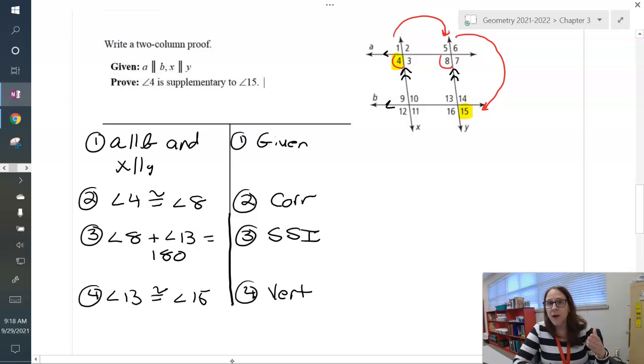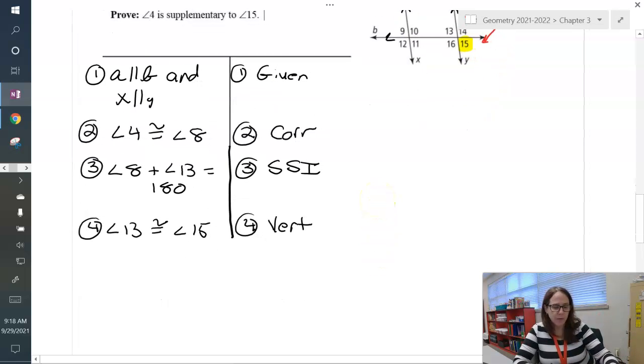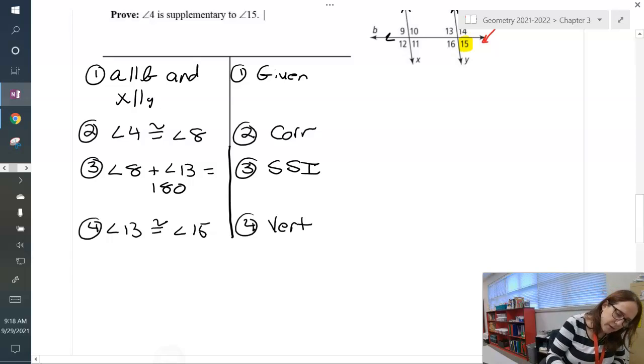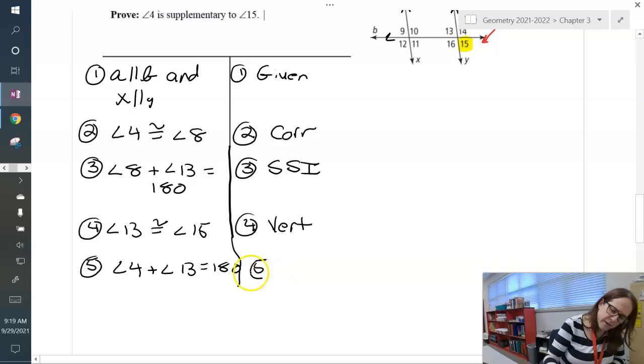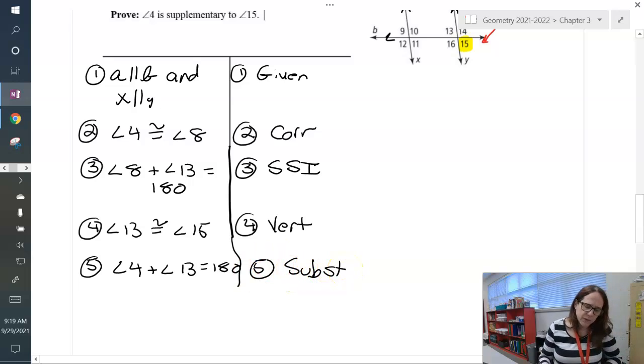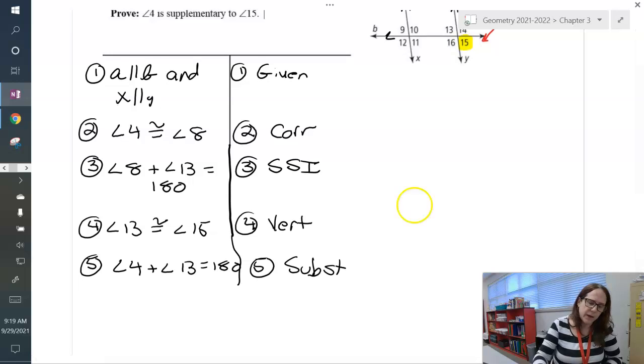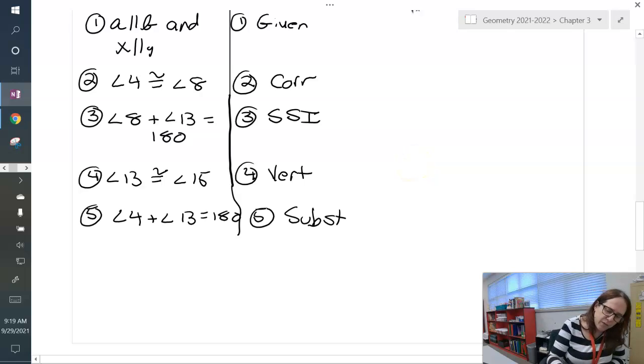And what I want to do now is I'm just going to start substituting like I was going to do a moment ago. I know I can put in 4 for 8. So angle 4 plus angle 8, nope, 13, equals 180. And that's a substitution. I also know that 13 is congruent with 15, so I can put in angle 15 for angle 13.